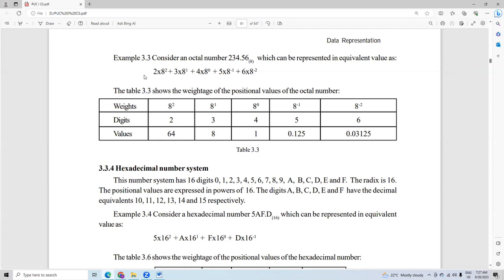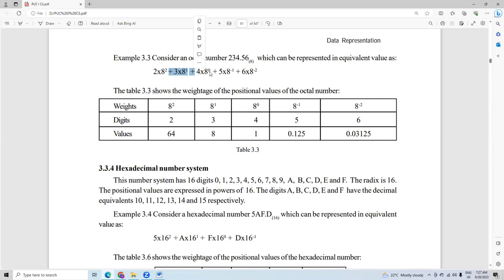234.56. In the same way, 234 is there before the decimal point. Every digit is multiplied by a power of 8.